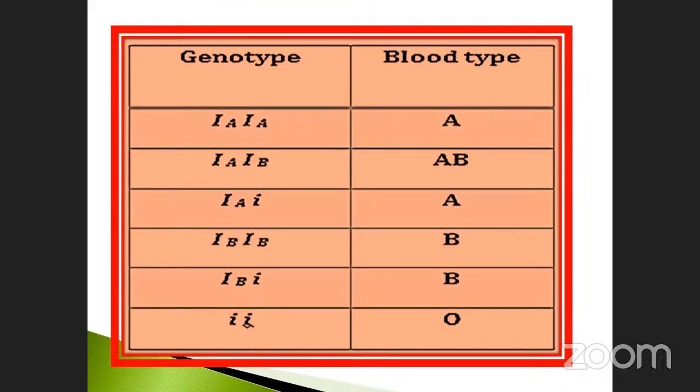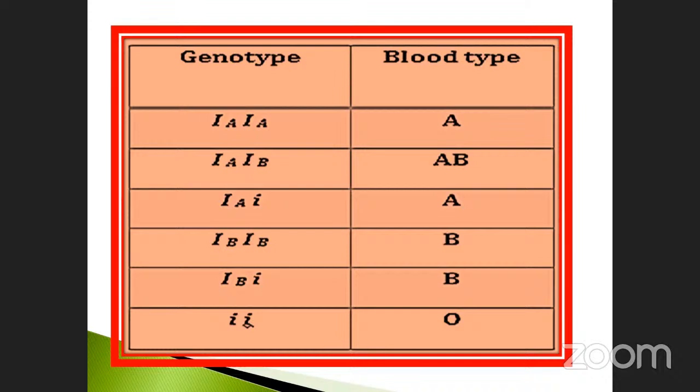Which one of the following is a universal donor: A, AB, O positive, or O negative? Which one is correct? Sir, O negative.